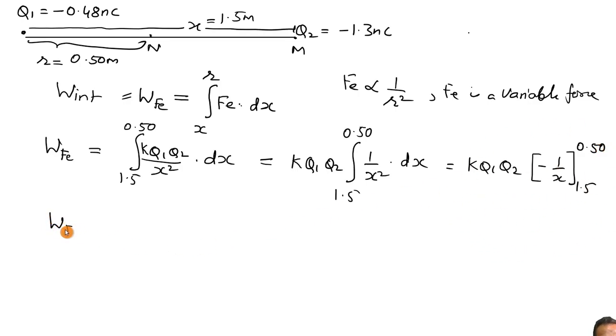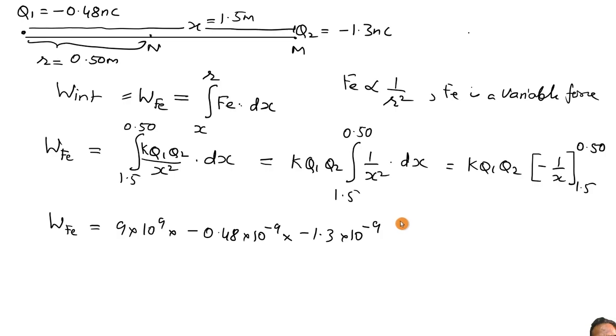So your work done will be equal to, now let us put the values. K will be 9 into 10 raised to 9, Q1 will be negative 0.48 times 10 raised to minus 9, Q2 will be negative 1.3 times 10 raised to minus 9.